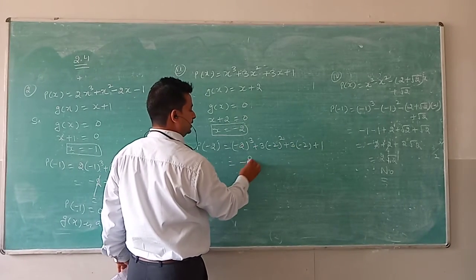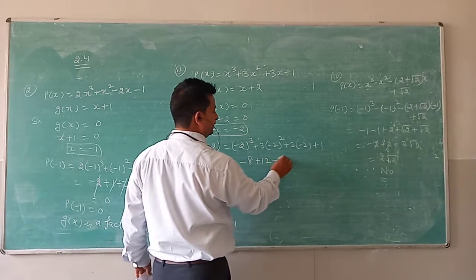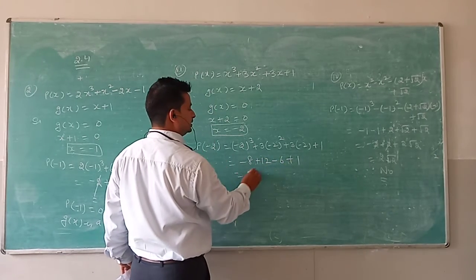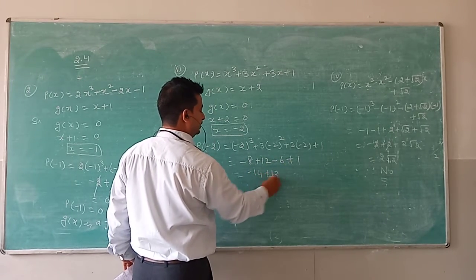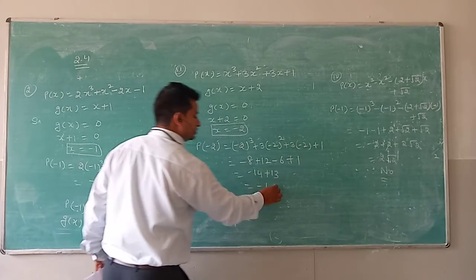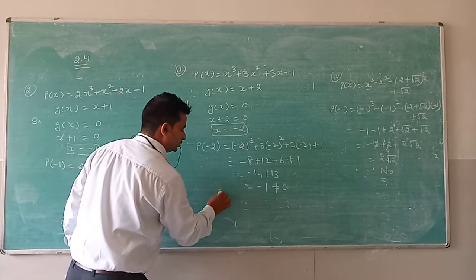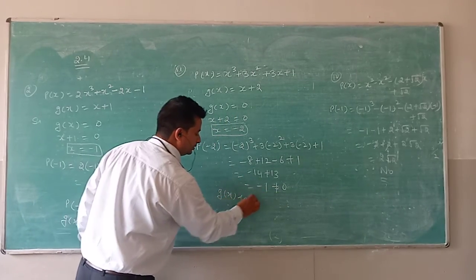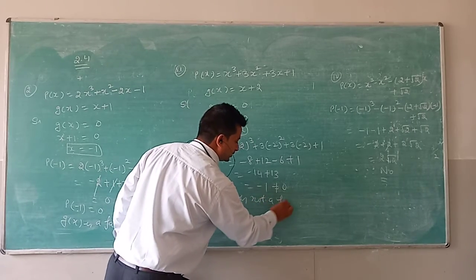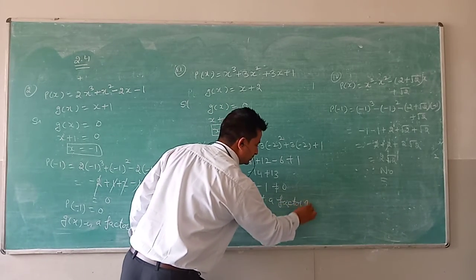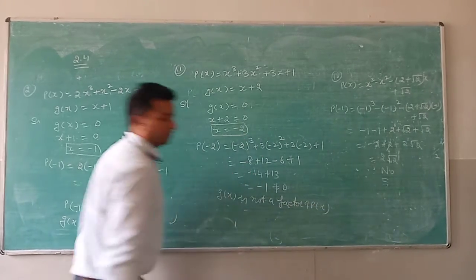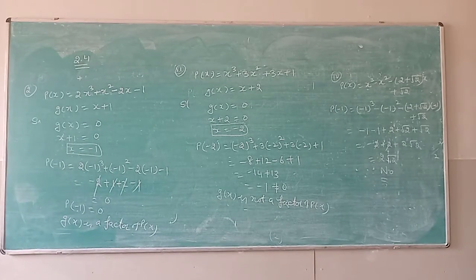This is minus 8, plus 12, minus 6 plus 1. This is minus 1. This means not equal to 0. So g(x) is not a factor of p(x).